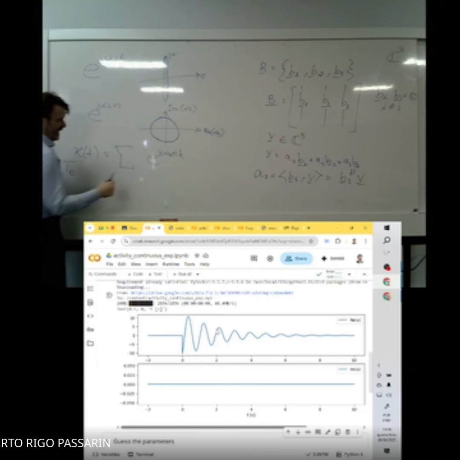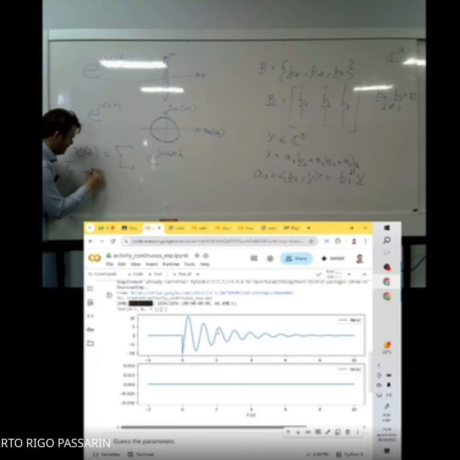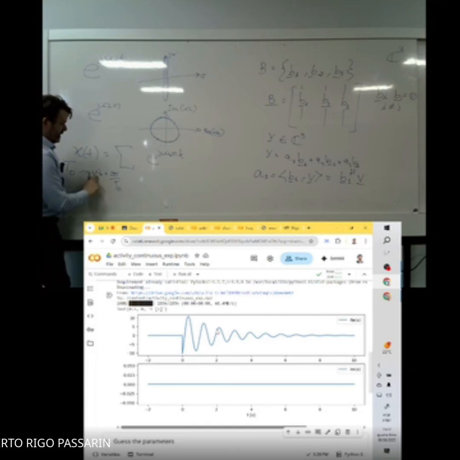What is this n? This implies omega 0 equals 2 pi over period. So I have the fundamental frequency, then 2 times it, then 3 times, 4 times, 5 times, 0 times, which is e to the j0, constant, minus 1, minus 2 as well, because I have the positive and the negative exponentials.